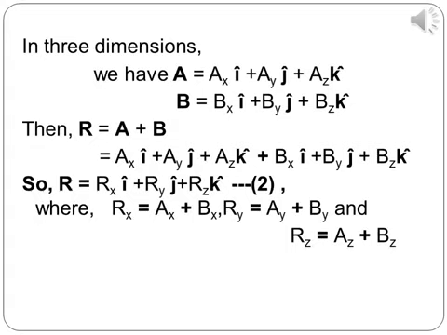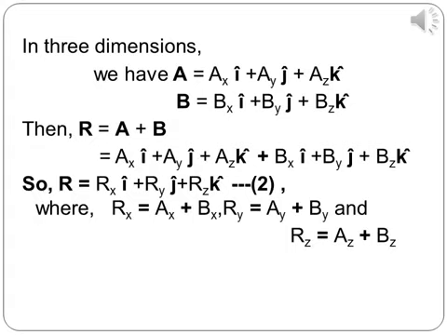Then by rearranging and regrouping this expression, we get the resultant vector R is equal to (Ax plus Bx) i cap plus (Ay plus By) j cap plus (Az plus Bz) k cap.